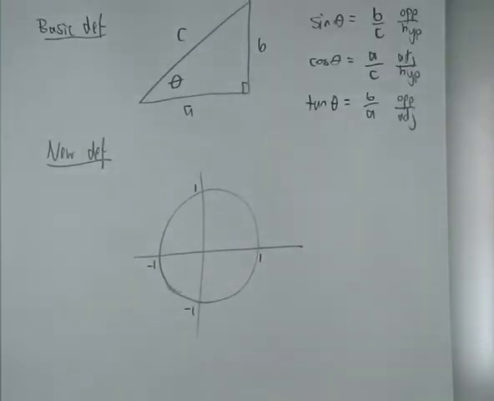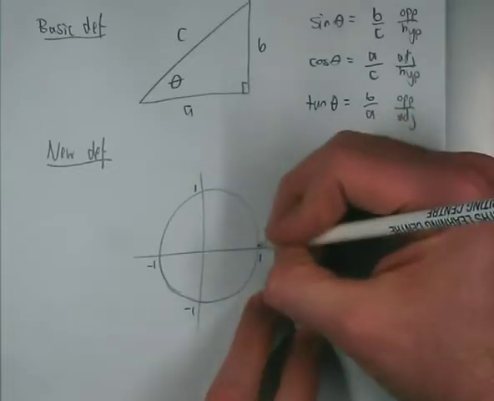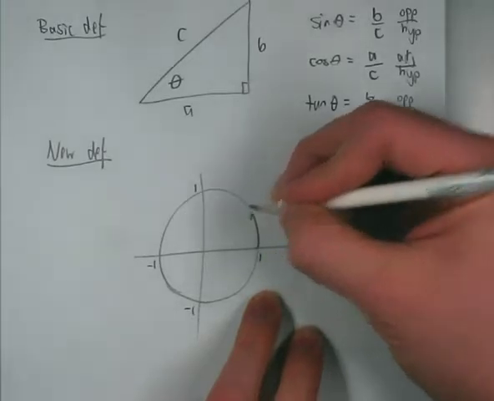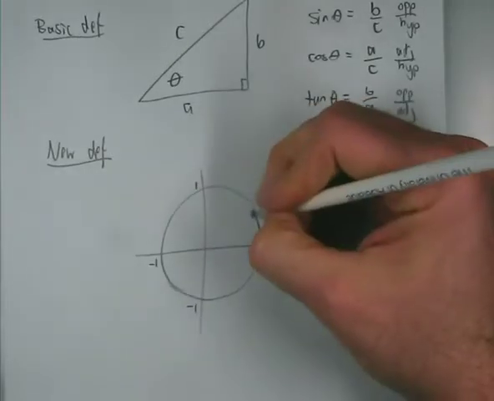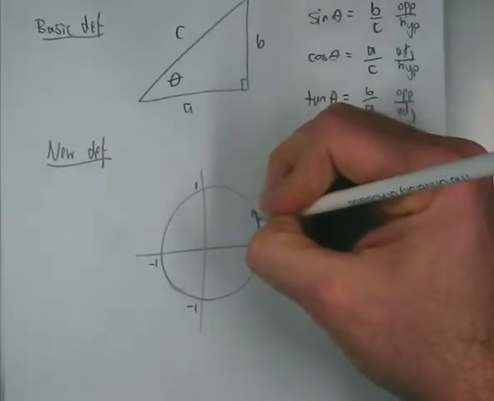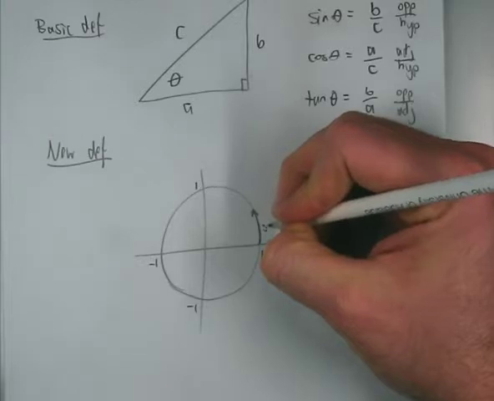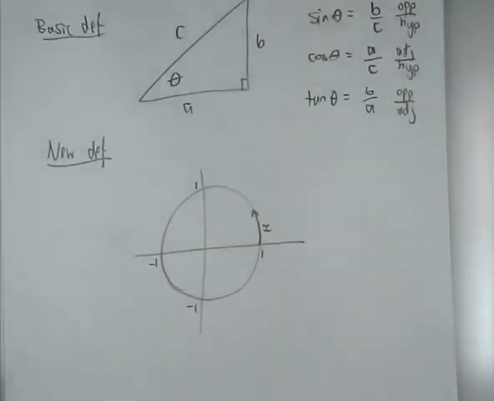So instead of measuring angles in degrees, we're going to measure angles in how far it takes to go around the circle. So an angle is actually now a distance around the edge of that circle, starting at the point 1 on the x-axis. That's my angle there. I'm going to call x instead of theta so I don't get confused.